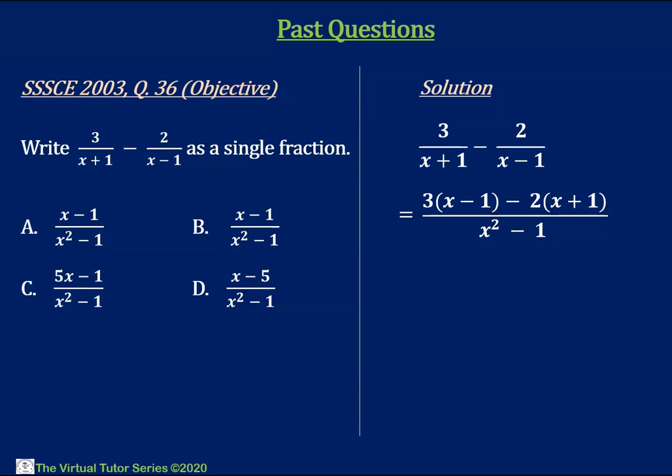Expanding brackets, we have 3 times x to be 3x and 3 times negative 1 to be negative 3. So the first group expands into 3x minus 3.